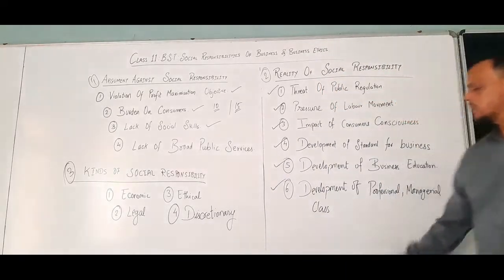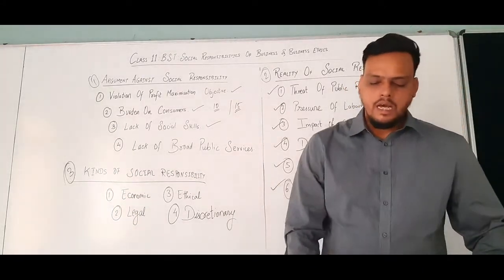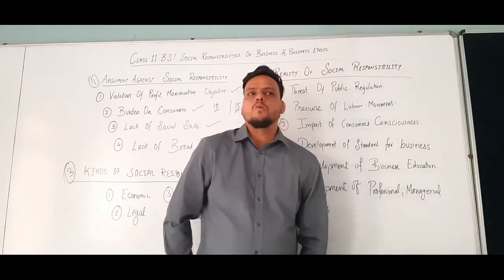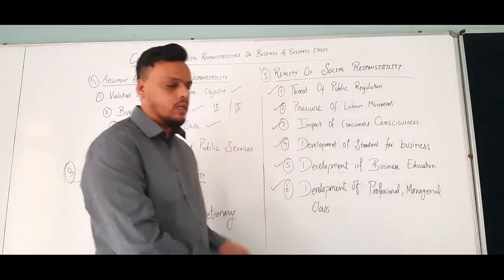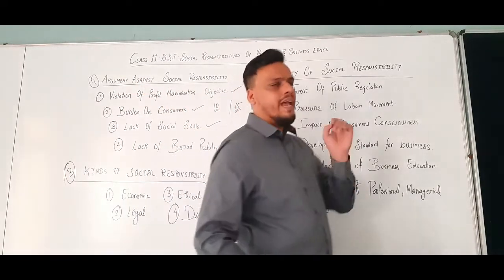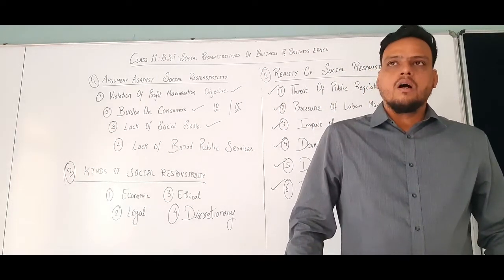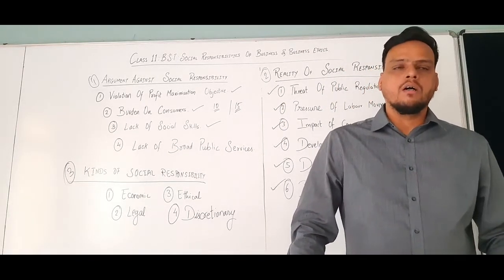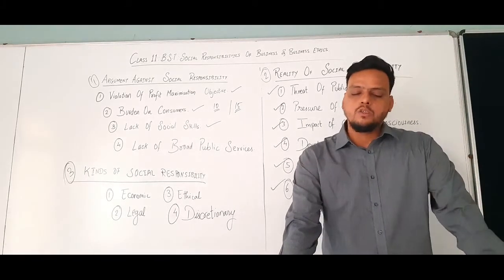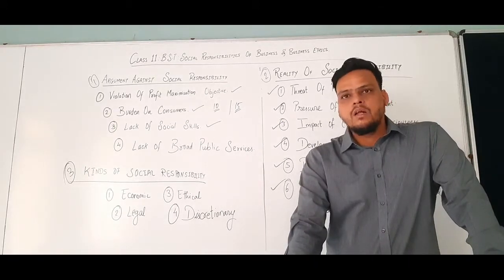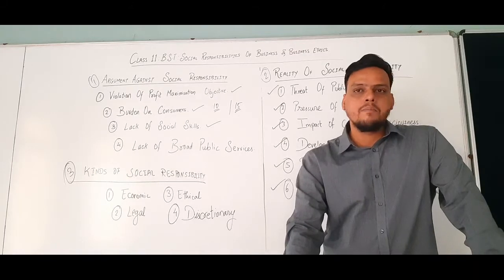Now, the last point is development of professional managerial classes. Today's manager should have an attitude to work multitasking, and he should be aware of everything that has occurred in the market. The market is a place where changes occur and the risks are uncertain. The manager should be smart enough, more reliant on market resources, and take everything as a participant.